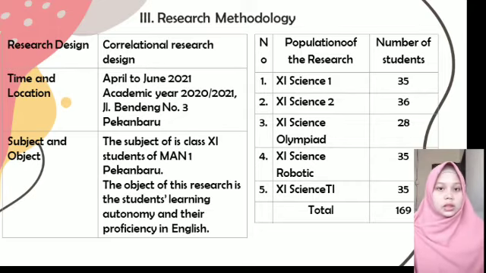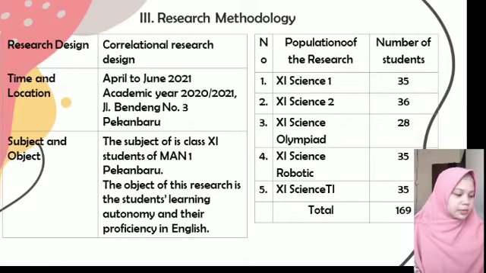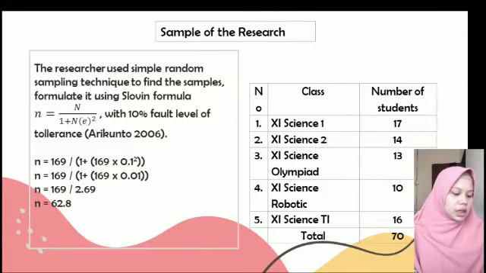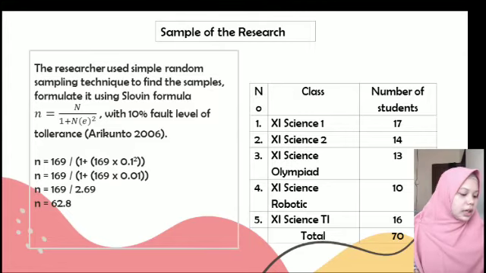The next is the population of the research. The population consists of 169 students in 5 classes, and the sample of the research was taken using the Slovin formula that you can see on the slide, and the level of tolerance is 10 percent.